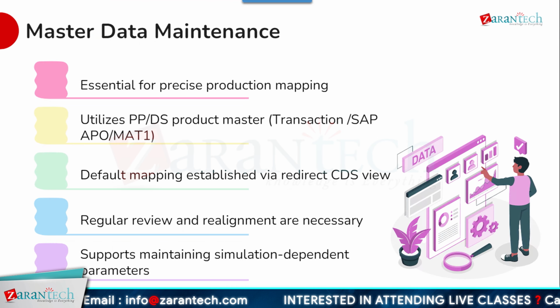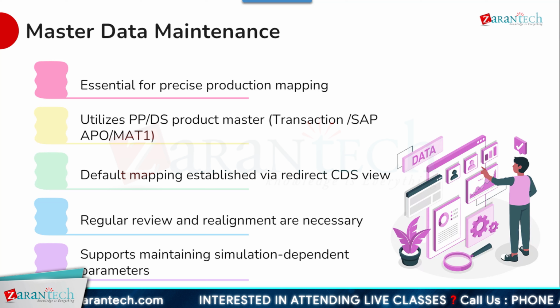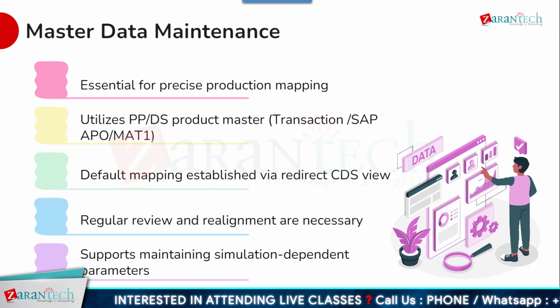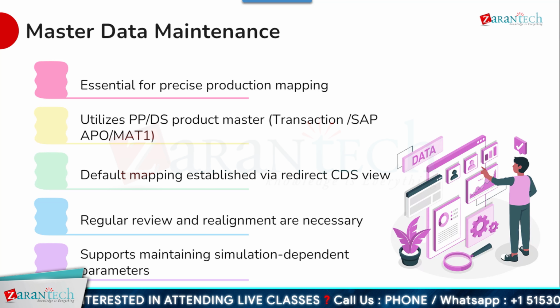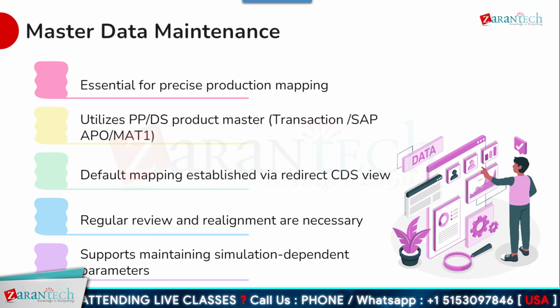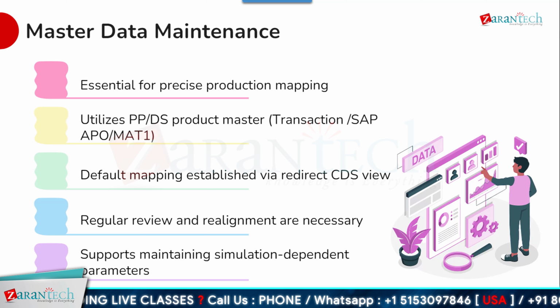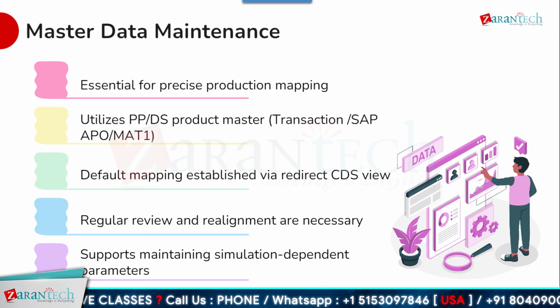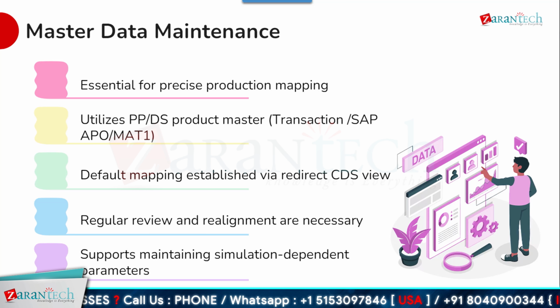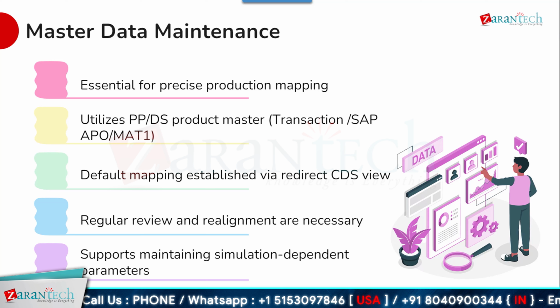So here we can explore the master data maintenance in SAP S4HANA PPDS. Master data maintenance is very essential for precise production mapping in SAP PPDS. The default mapping is established via a redirect core data services, that is CDS view, which defines the relationship between S4HANA and PPDS data structures.